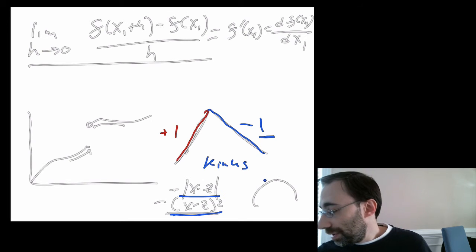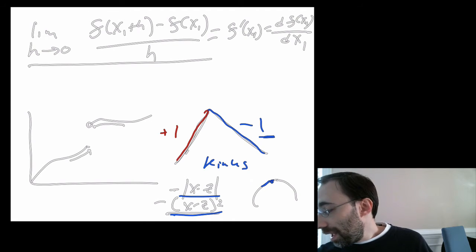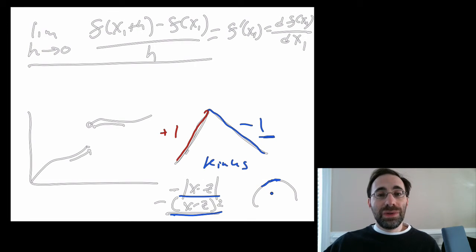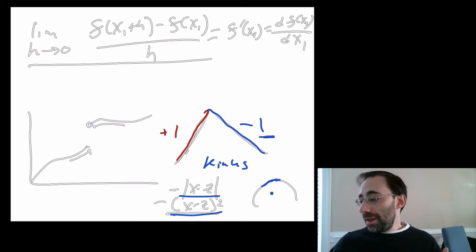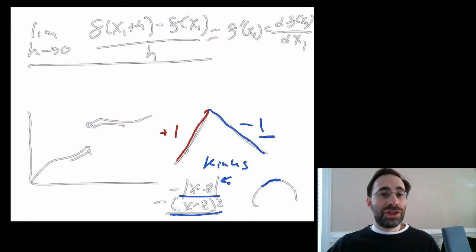If you notice this function here, the slope is getting less and less as you go further towards the top, and continuously moves towards 0 at the very top. So that's a smoothly varying derivative, and it exists at all points, so it's easier to deal with mathematically. This function is harder to deal with mathematically because the derivative does not exist at the point z.